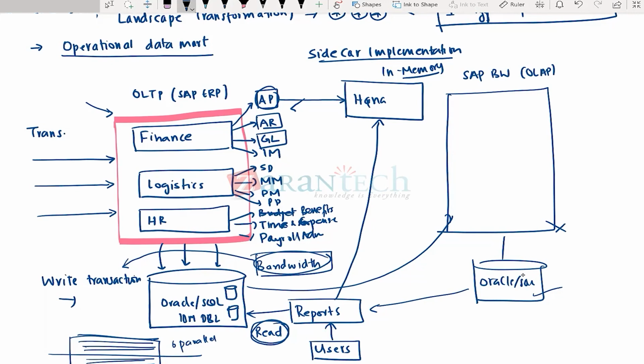I am taking a small chunk of data, a small subject area like accounts payable, and moving that into SAP HANA as a sidecar implementation, just to show you proof that if you were to use HANA for reporting, because of its in-memory capability, it is much, much more capable than any traditional database.